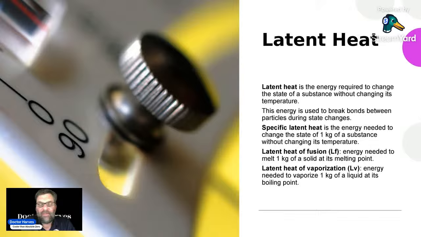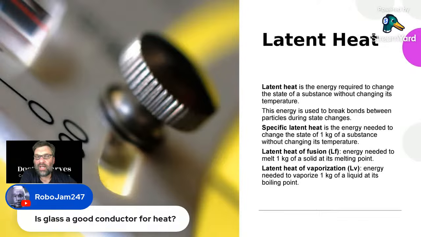I haven't put the equation down, but the equation is thermal energy equals the mass times the latent heat. It depends whether it's a solid or a liquid whether you use latent heat of fusion or vaporization, but you can work that out because the question is going to give you one of those values.